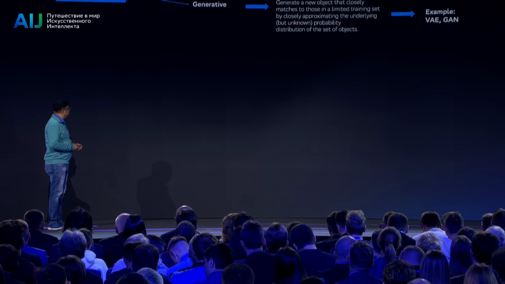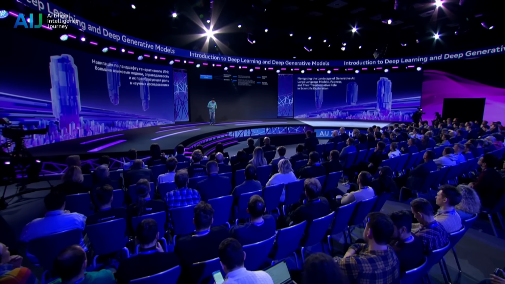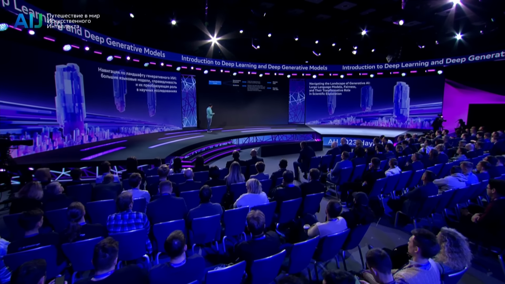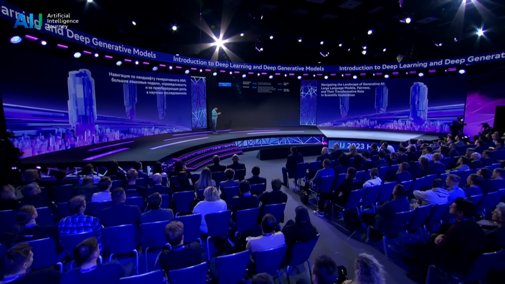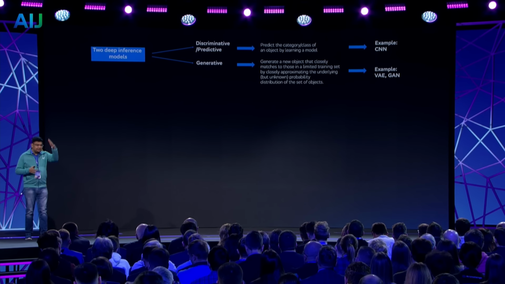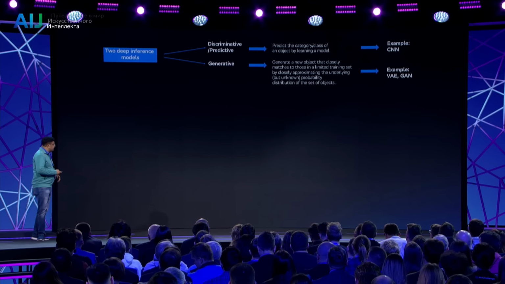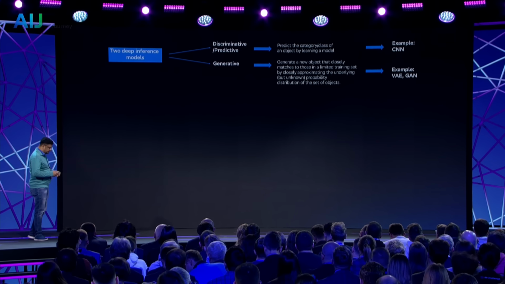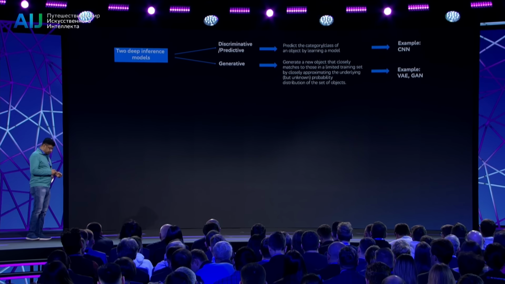If we look into the current deep neural networks, their modeling and inference techniques, there are two most important categories. One is the discriminative or predictive category, where the machine learning model is happy to learn a decision boundary between the two object classes. These are called discriminative or predictive models, the best-known example of which is the convolutional neural network.